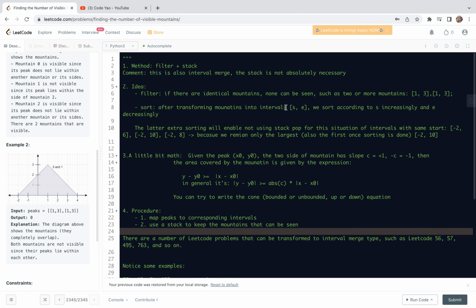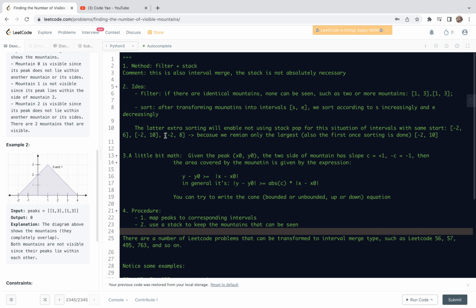Secondly, we do some sorting. After we transform the mountains into intervals, with the form start and end, we sort according to S increasingly and E decreasingly. The latter extra sorting will enable us not to use stack pop operations for the situation of intervals with the same start.